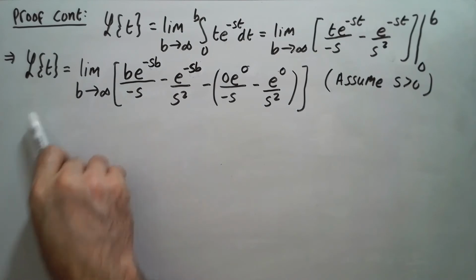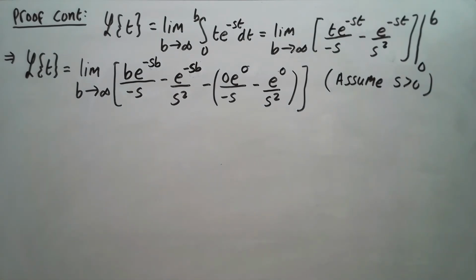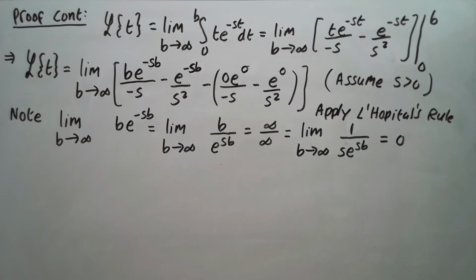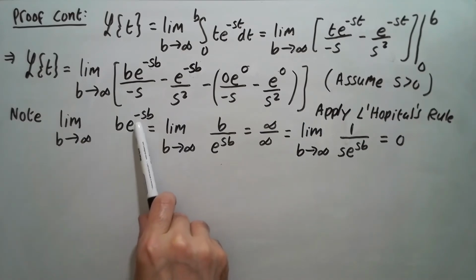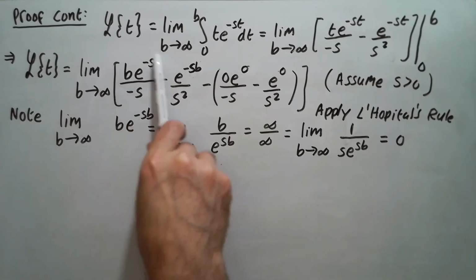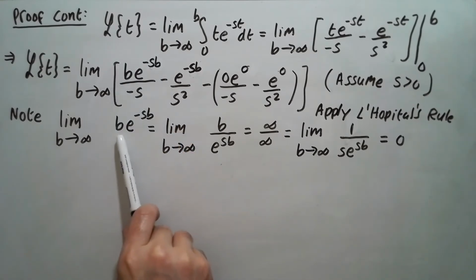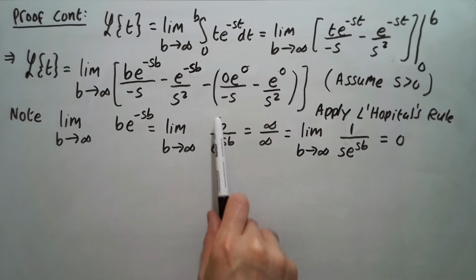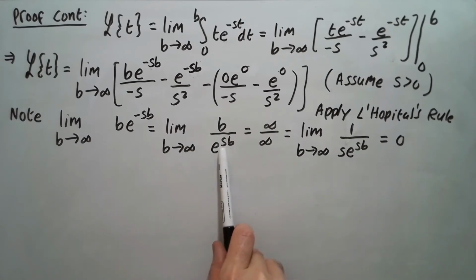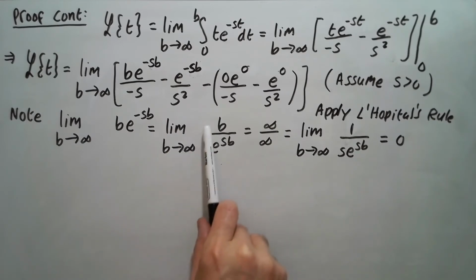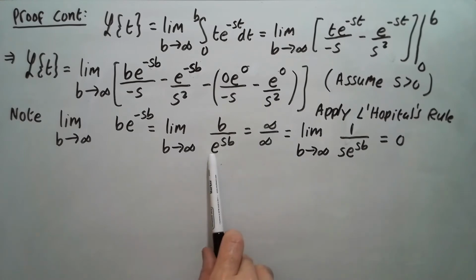So let's make an observation here. Let's look at the limit as b goes to infinity of b e to the minus sb. I can write that as b over e to the sb. When b goes to infinity, the top will go to infinity, so will the bottom.